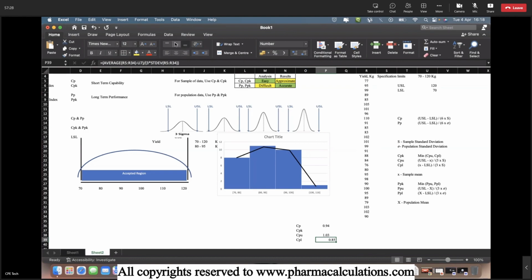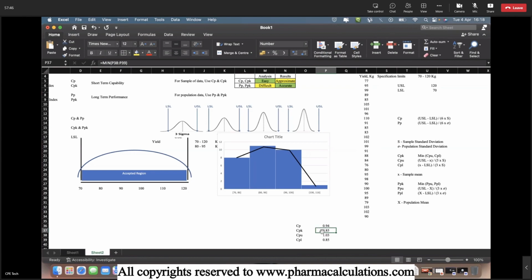So it is almost 0.85. Now the Cpk is nothing but the minimum of CPU and CPL. So it is 0.85. So the Cp is 0.94 and Cpk is 0.85.